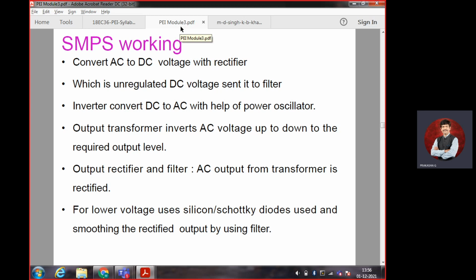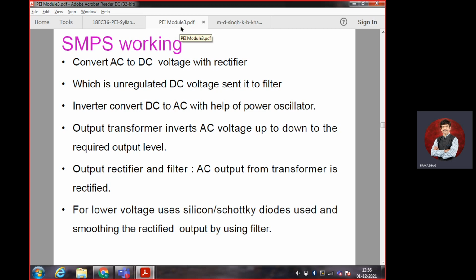If there is an inverter in your SMPS, generally it will convert DC to AC. The output transformer steps the AC voltage to the required output level, a step down operation. Then there is the output rectifier and filter. The transformer gives the AC signal, and that AC signal is converted by the rectifier.